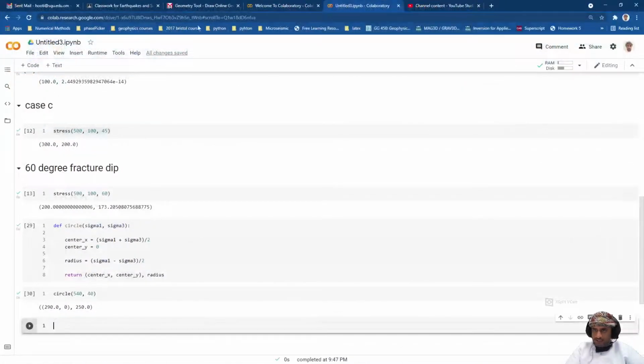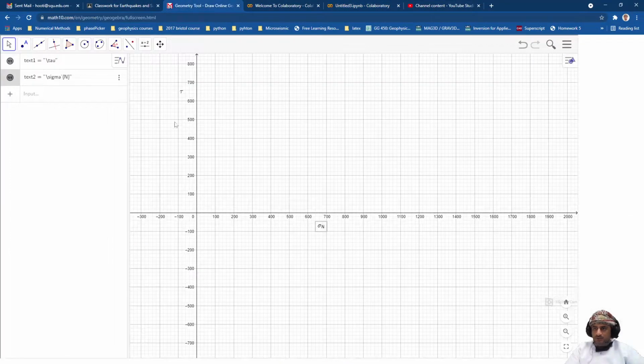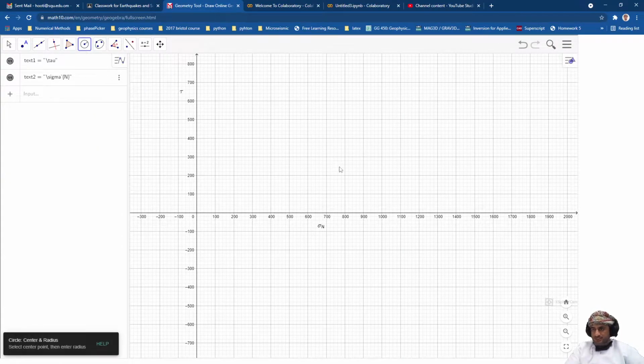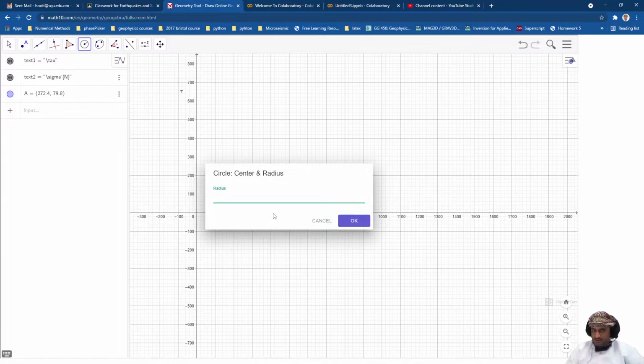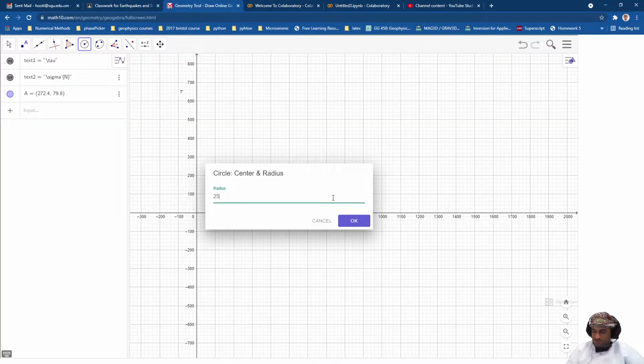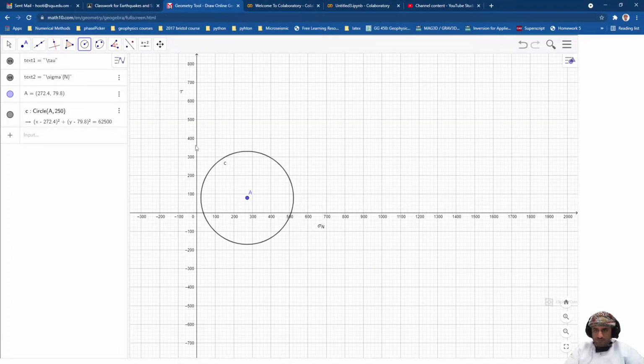Let's go back. Start drawing. Where is it? Here it is. A circle. Let's make it. The radius was, I keep forgetting what the radius was. It was 250.